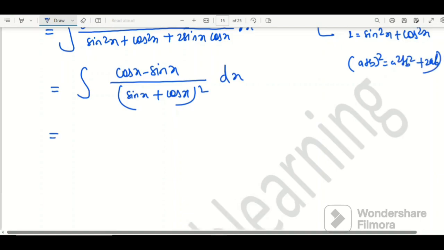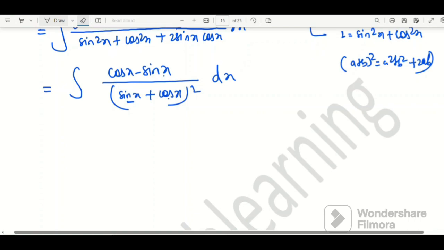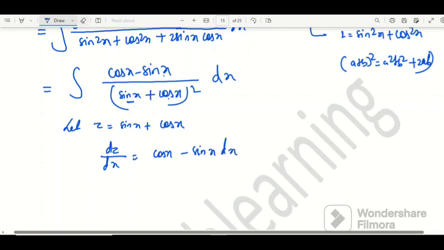If we try to differentiate this function, the differentiation of sin x is cos x, and the differentiation of cos x is minus sin x. So now we can use the substitution method. Let z equal to sin x plus cos x. So dz upon dx will be cos x minus sin x.